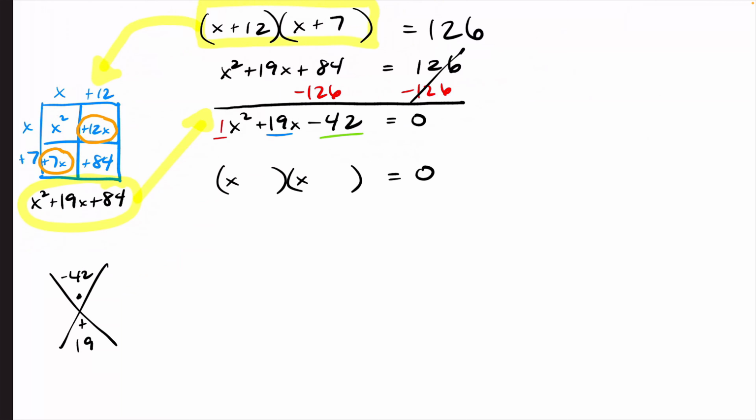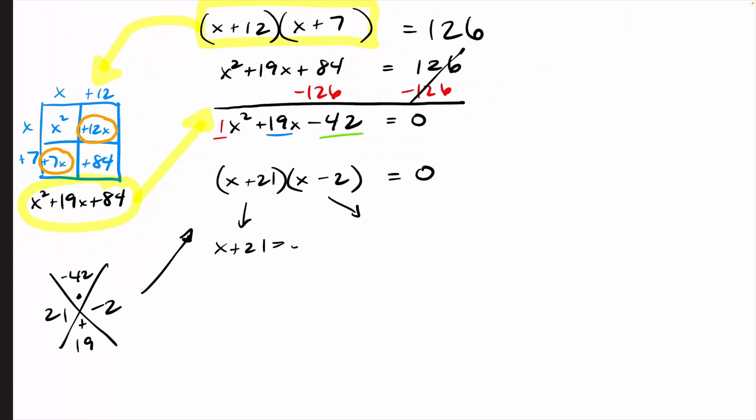Okay, so what are the 2 numbers that multiply to be negative 42 and add to be 19? One of them is a big number, one of them is a small number. 21 and 2. Yep, 21 and 2. Negative 2 has to be negative 2, right? So we're going to get positive 21 and negative 2. So we're going to get 2 answers, just like we always do.